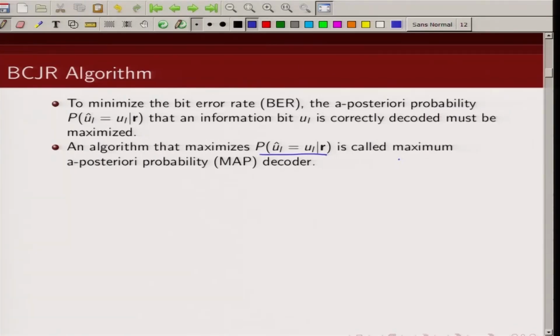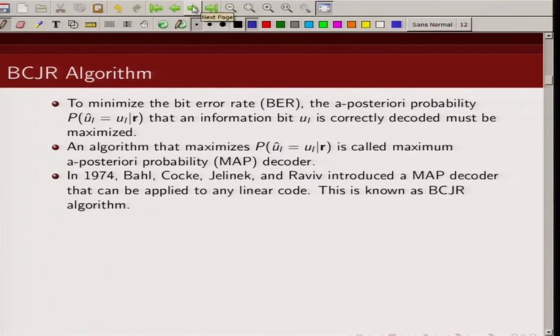This is also known as the BCJR algorithm, named after the researchers Bahl, Cocke, Jelinek and Raviv, who introduced this algorithm in 1974. This algorithm can be applied to any linear code, block code or convolutional code.